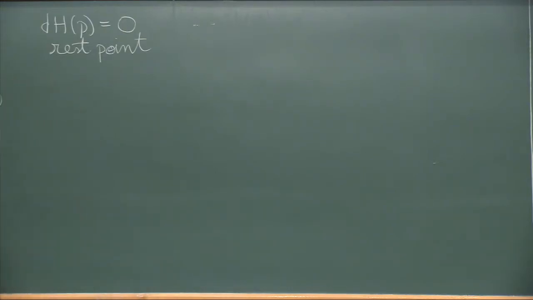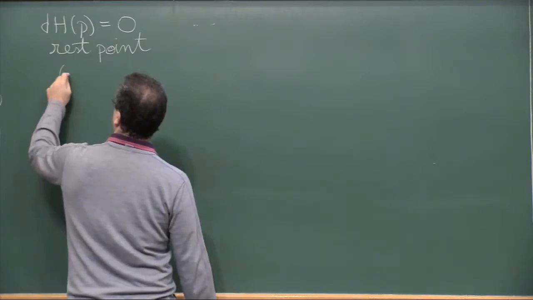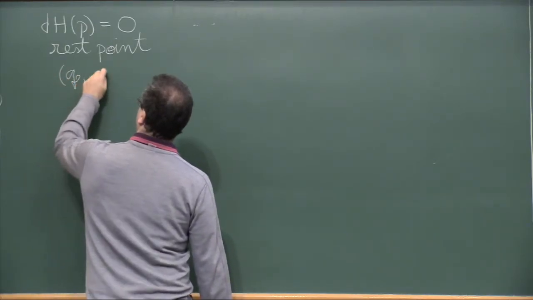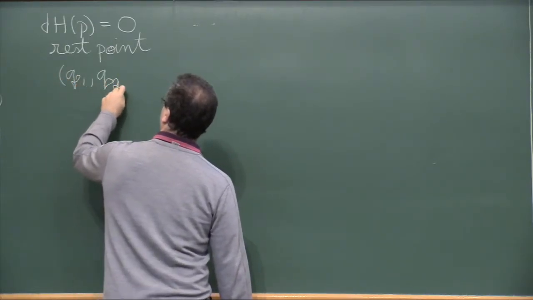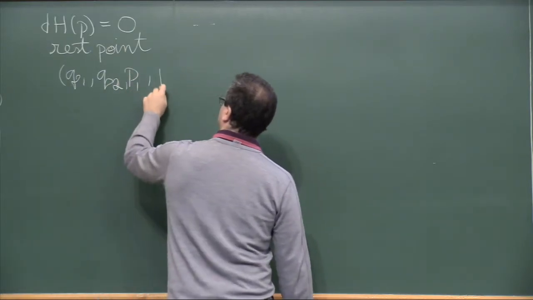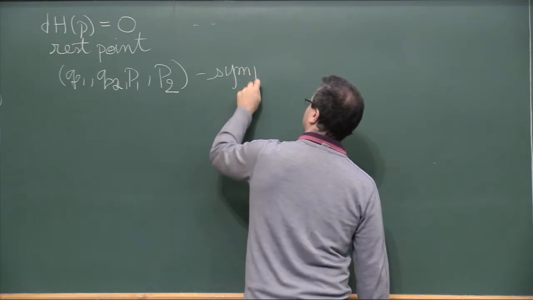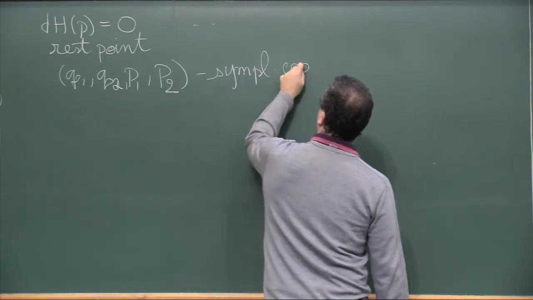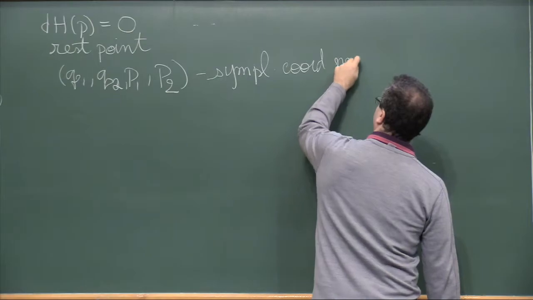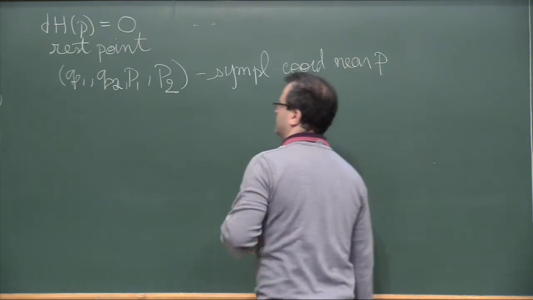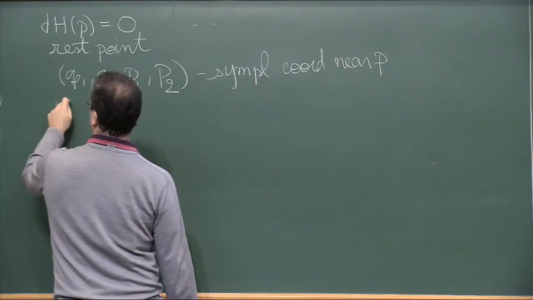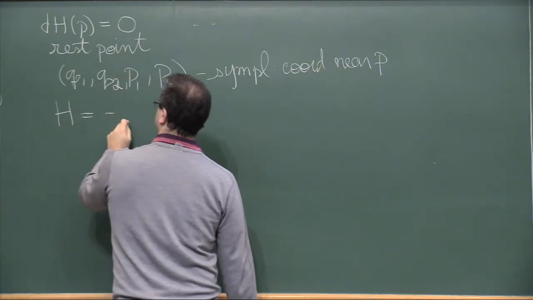And we assume that locally, let's take symplectic coordinates near P, and we assume that the Hamiltonian function near P has the following form.